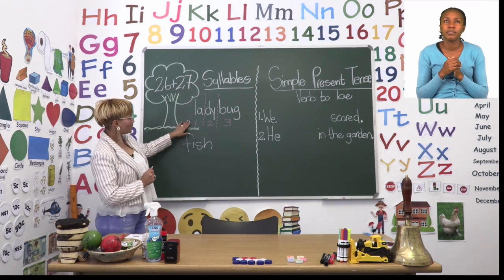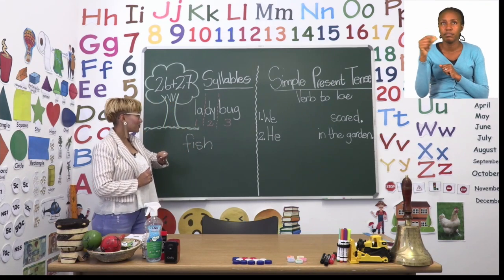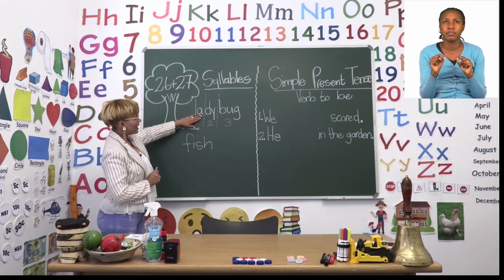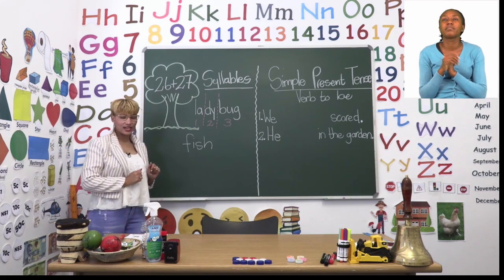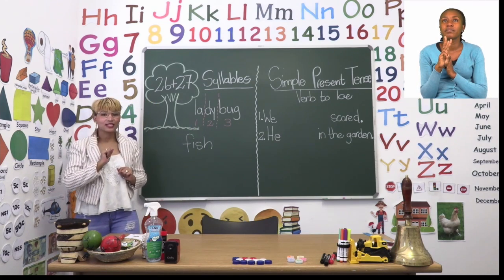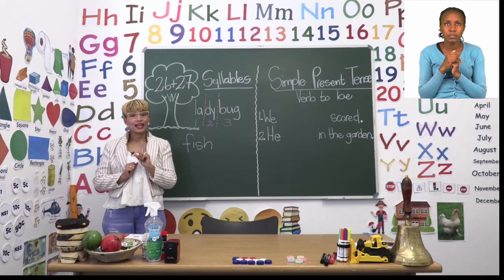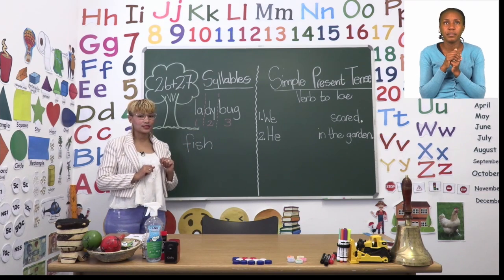On the board here you will see the first one was done for you already. So here it is put in this order, ladybug. Right, and that means that it has 3 syllables.